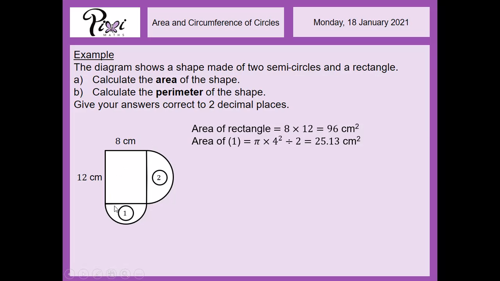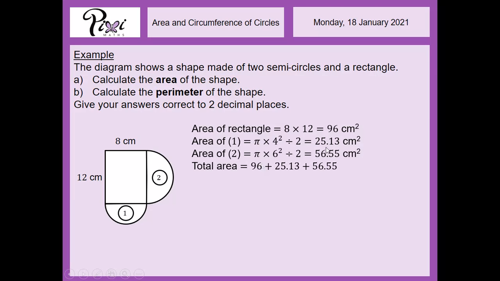The area of the first semicircle, as shaded here, is pi times 4 squared, where 4 is the radius of the circle, divided by 2, which gives us 25.13 centimeters squared to 2 decimal places. The area of the second semicircle is pi times 6 squared divided by 2 because the diameter is 12, hence the radius would be 6.